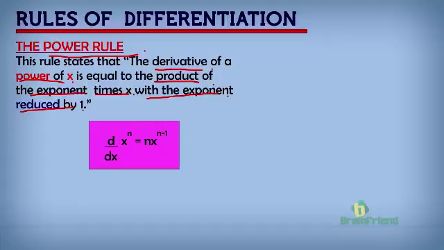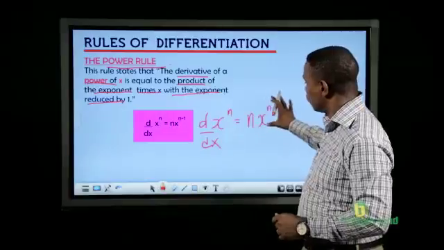It simply means that, for instance, if we have x raised to a power n, the derivative of this, that is our d dx, is this power coming down to multiply our x, still raised to our power, but in this case, we subtract 1 from it. So this is a fundamental rule.